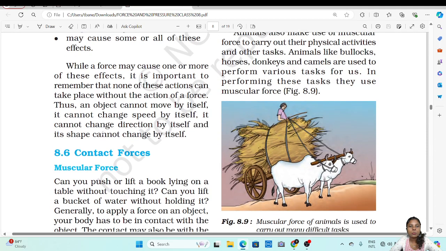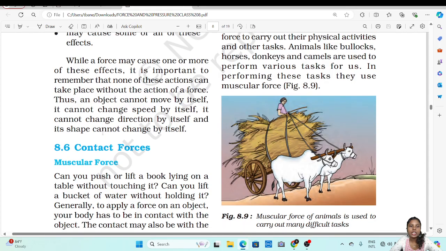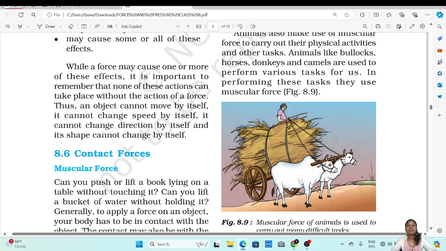Thus, an object cannot move by itself, it cannot change speed by itself, it cannot change direction by itself, and its shape cannot be changed by itself. So all of these changes, change in speed, change in shape, change in position, change in motion, all of these things won't happen until and unless some kind of force is being applied.